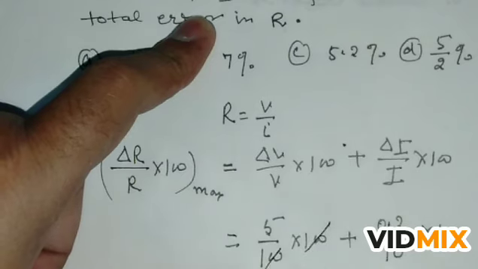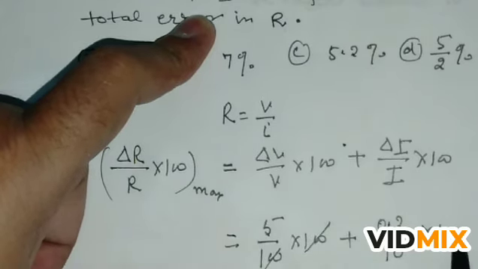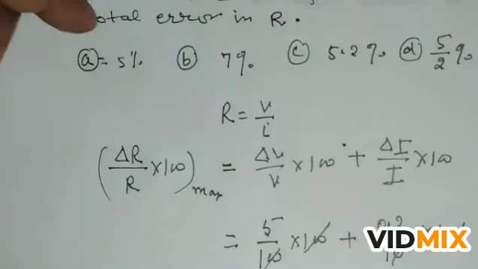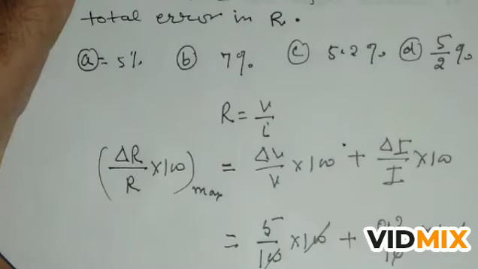Now it is equal to 5% and 2%. It will be equal to 7%. So maximum total error in R is delta R by R into 100 is equal to 7%. This is the right answer.